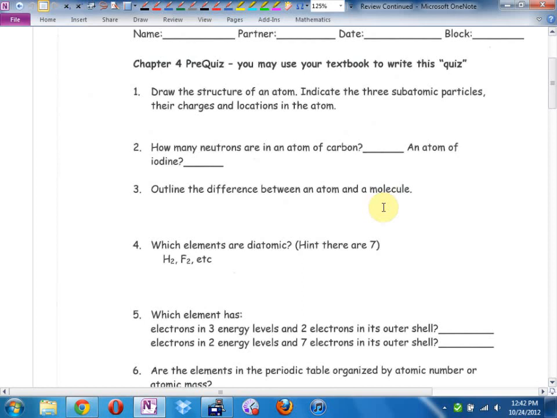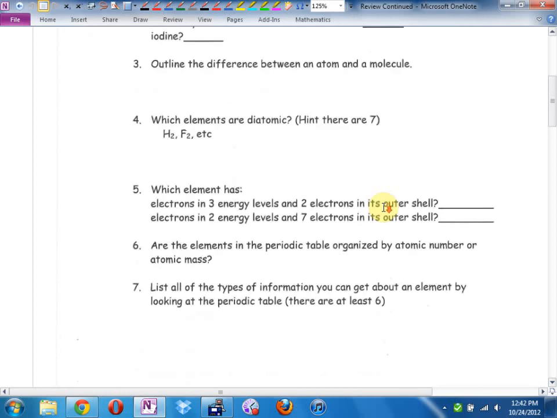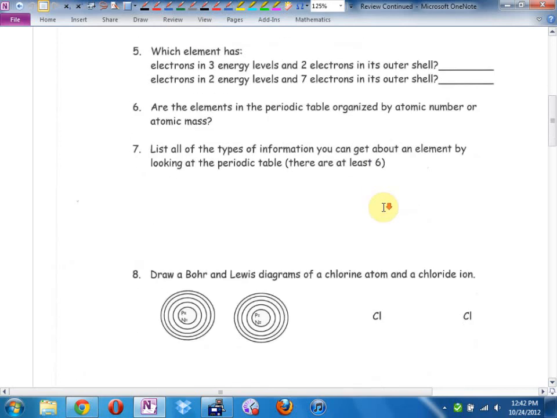You need to know that. You need to be able to figure out how many neutrons are in an atom of whatever I give you, in this case carbon, atom of iodine. What's the difference between an atom and a molecule? Which elements are diatomic? There are 7. Mr. Hofbrinkel. If I tell you how many energy levels and how many electrons in its outer shell, you need to be able to maneuver your way around on the periodic table.